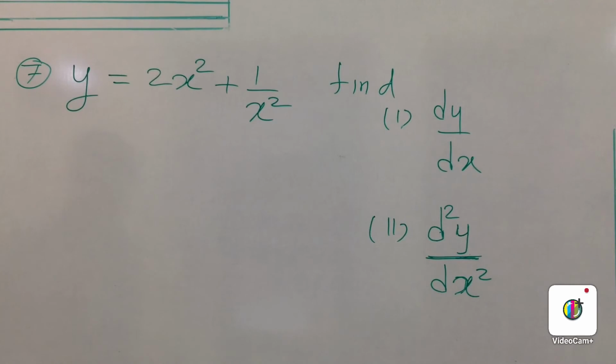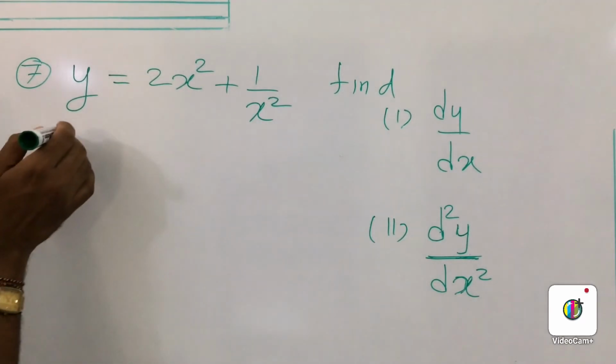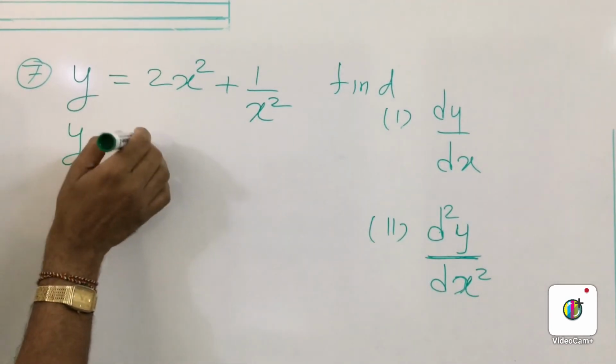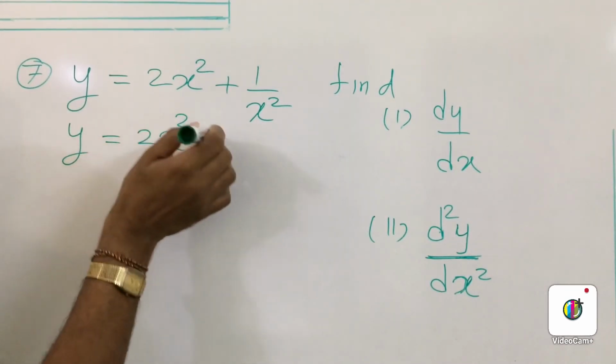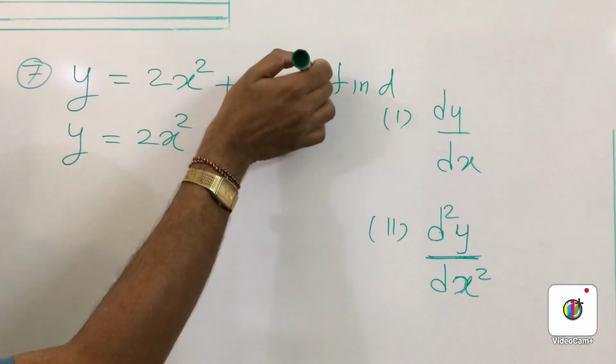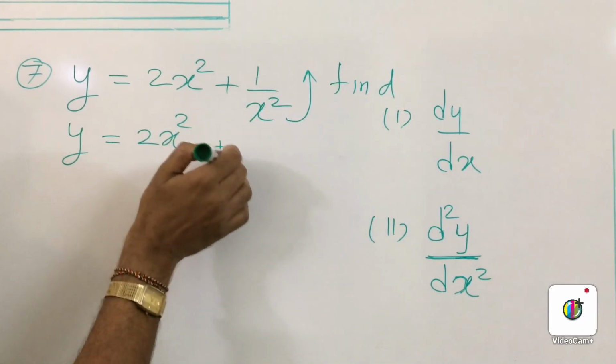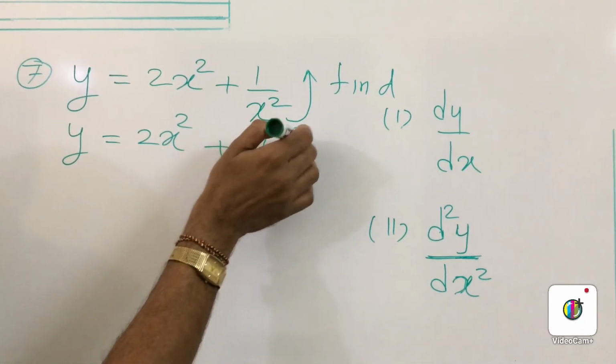Now we'll see. First you should simplify this function. y equals 2x squared, you should take this denominator up, plus x power minus 2.